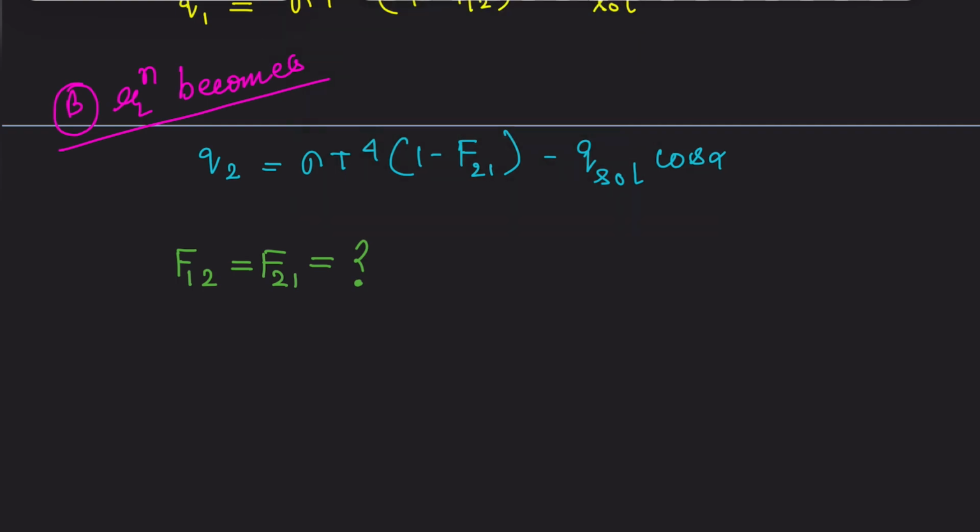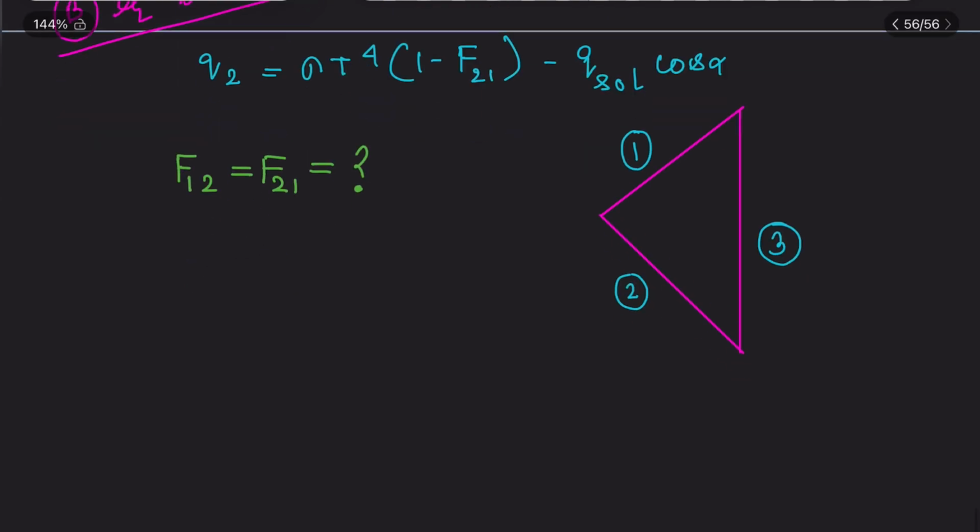Now if you are a GATE aspirant, you have an enclosure like this. So this can be a standard GATE question. So this is 1, this is 2 and this is 3. You need to find F12 or F21. It can be an MSQ actually.